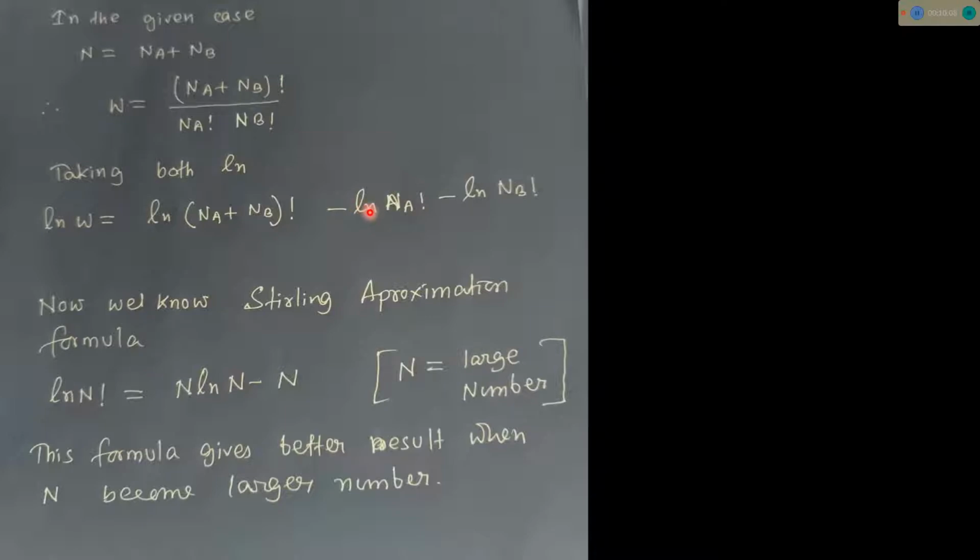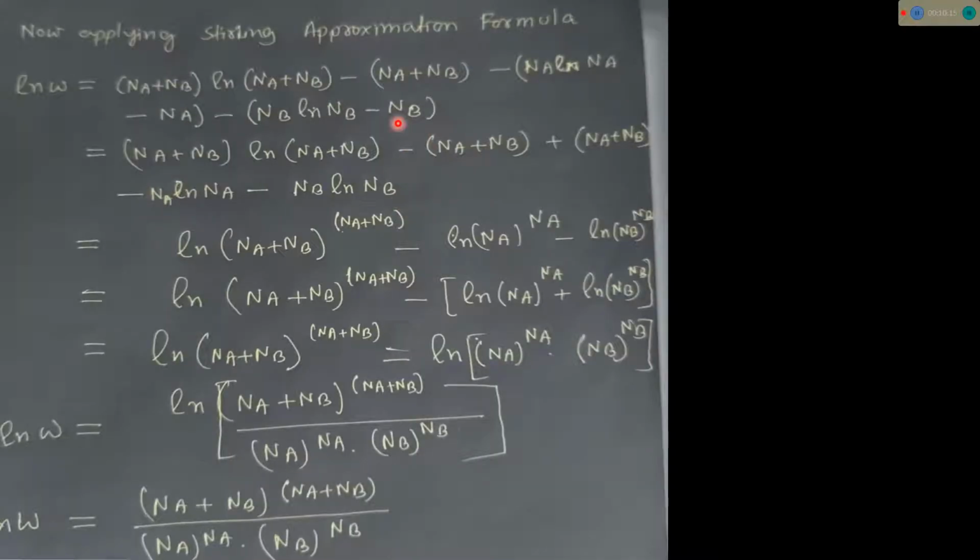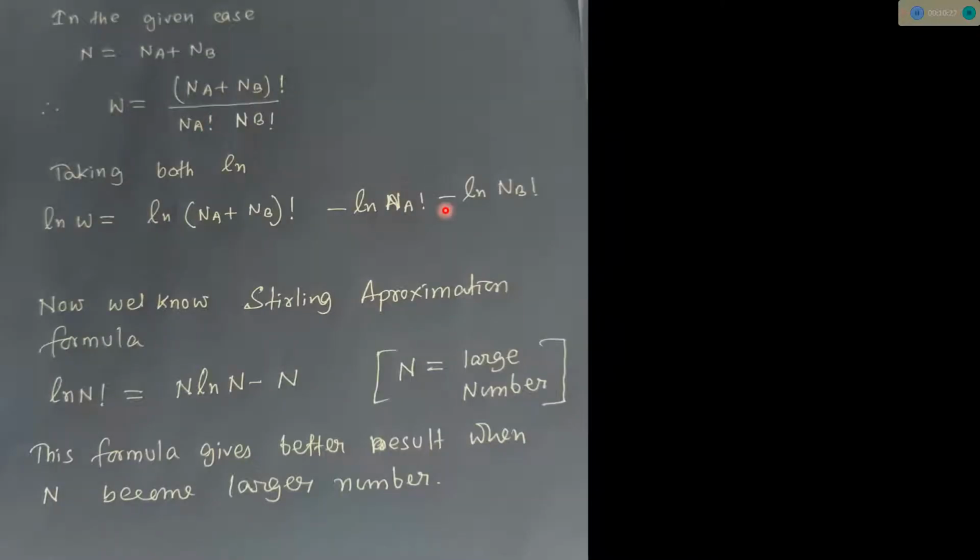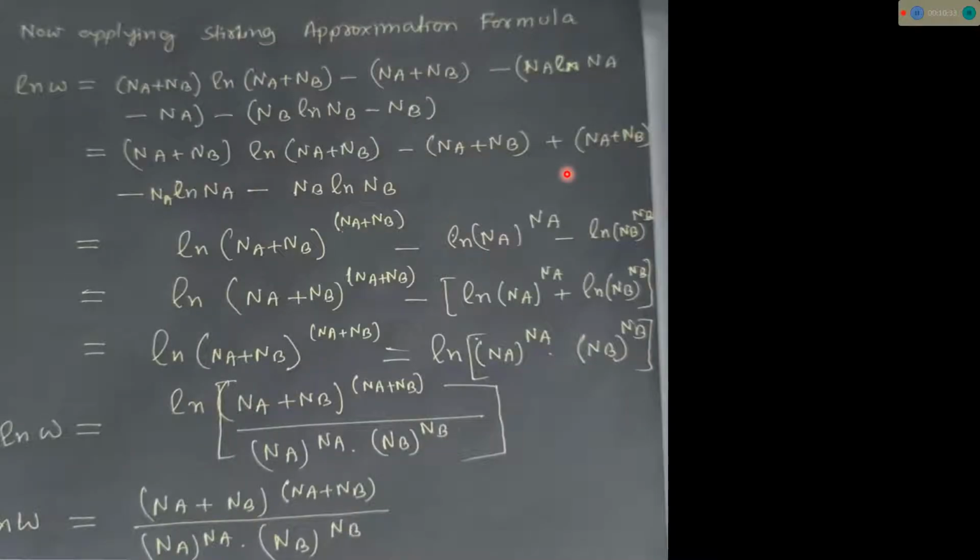What will be the approximation? Na ln Na minus Na, so minus Na ln Na minus Na. Same thing for ln Nb factorial, Nb ln Nb minus Nb.